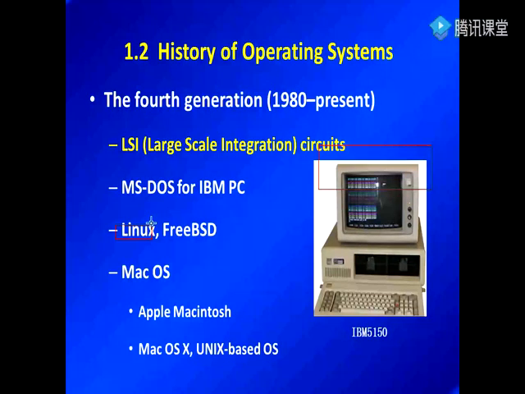Also, they have free versions, and they have some versions that charge us some fees. But the other two series, one is developed by Microsoft, and Mac OS, of course, is developed by Apple company.